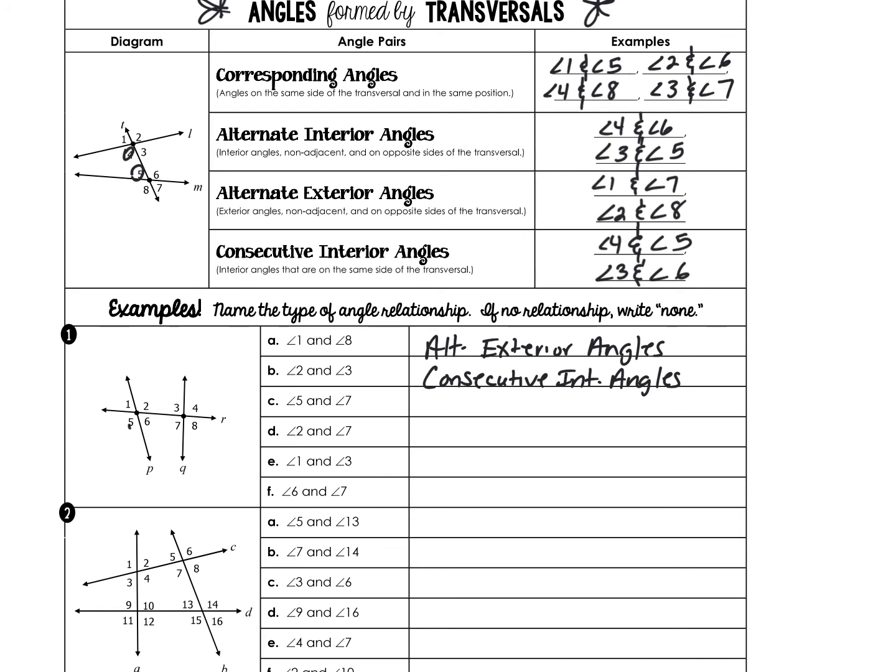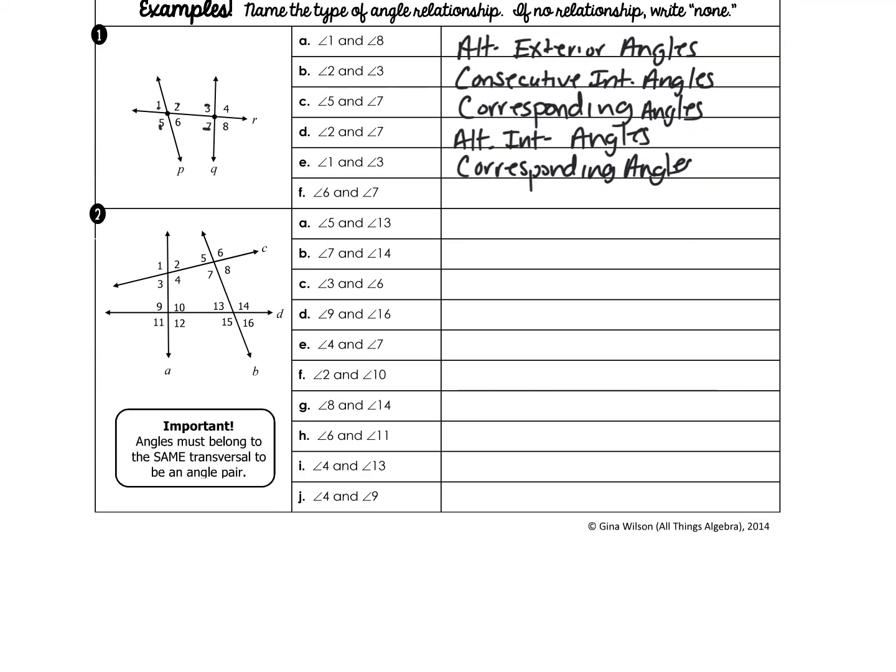Angle 5 and angle 7 are corresponding because they're on the same side in the same position. Angle 2 and angle 7, those are alternate interior angles. Angle 1 and angle 3, those are corresponding. They're on the same side in the same position. Okay. Angle 6 and angle 7, those are consecutive interior angles.